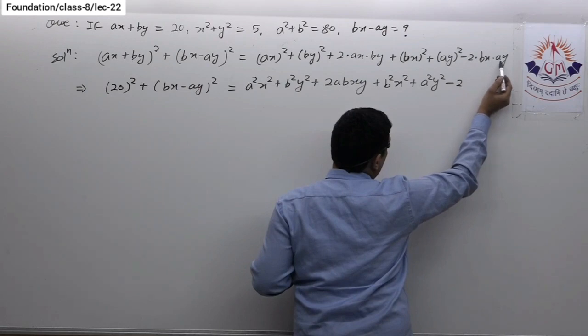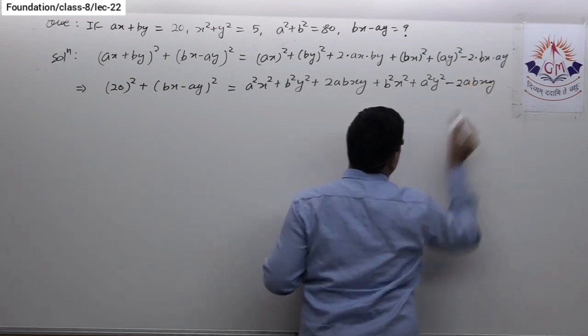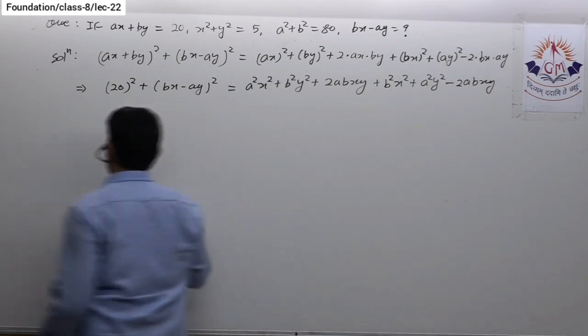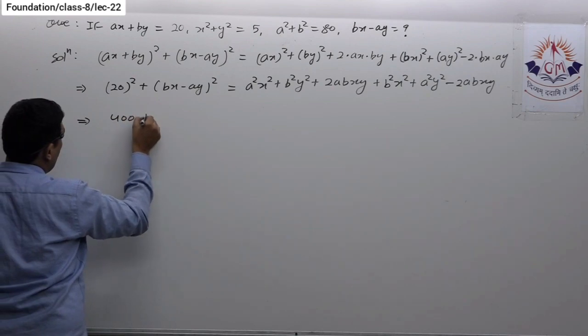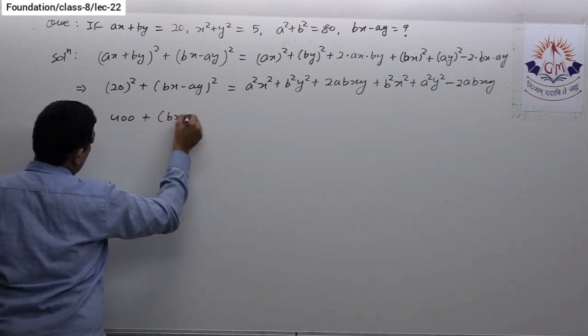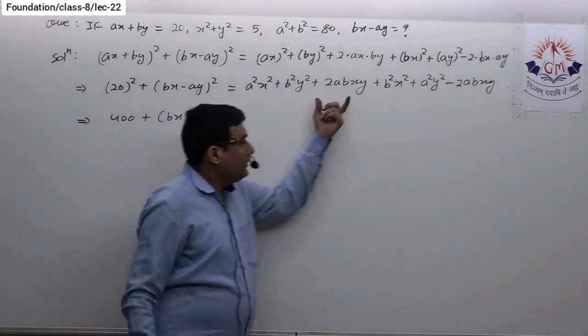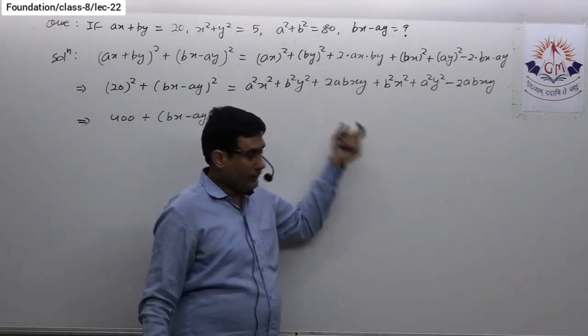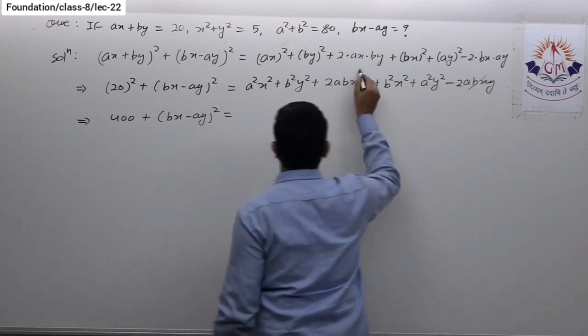You can see we have a, b, x and y over here, so I can write in this way. Now it is almost done. Now 20 square is 400 plus this I need to find. Over here 2abxy positive, 2abxy negative, but obviously I can cancel them.